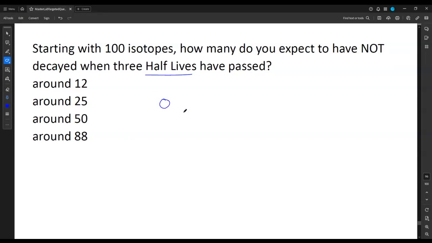So let's think about this. If we have 0 half-lives, then how many particles have not decayed? Well, there's 100 that have not decayed because we started with just 100 and nothing's happened yet. And then how many of these have decayed? If we're at 0 half-lives, if no time has passed, then we still have all of them. Then keep in mind what the definition of a half-life means.